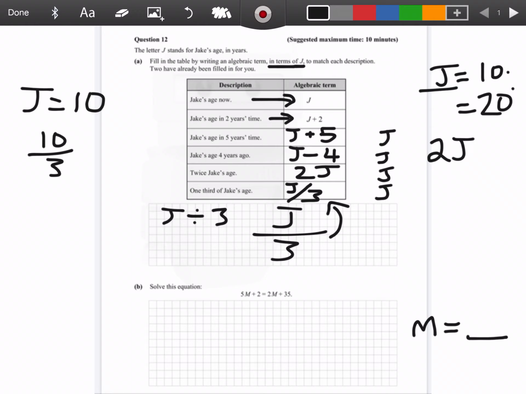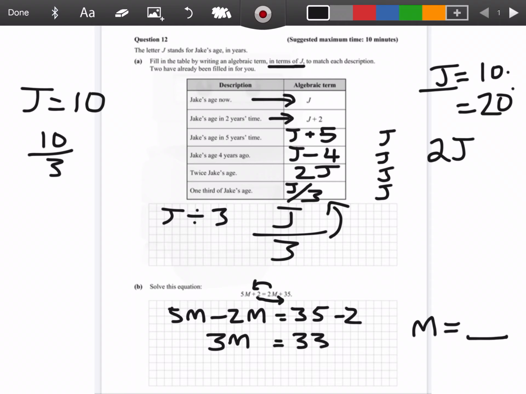So I end up with 5m minus 2m, because when I bring that 2m over, it becomes a minus, is equal to 35. That was over there already, and I'm moving this plus 2. It's going to become a minus 2.